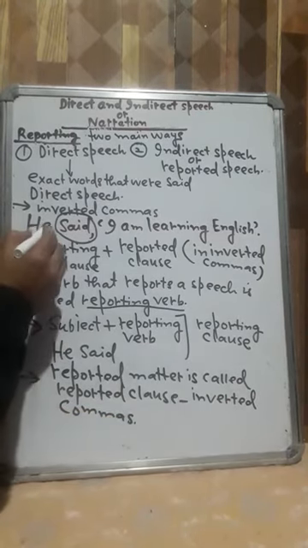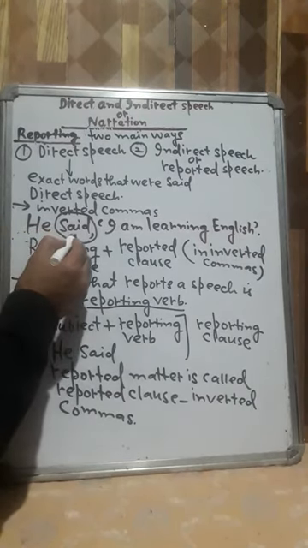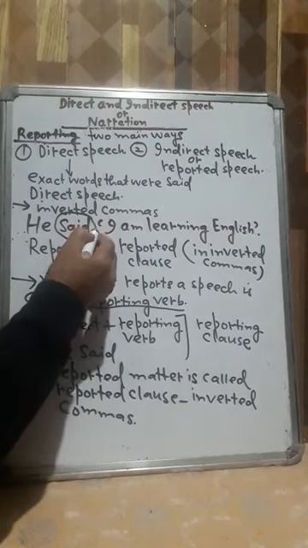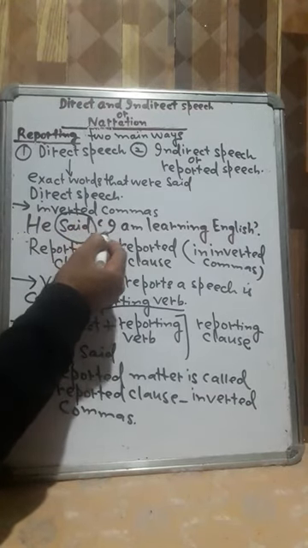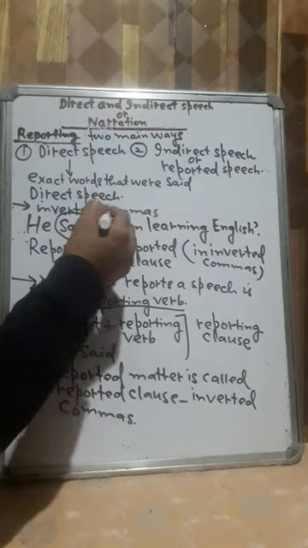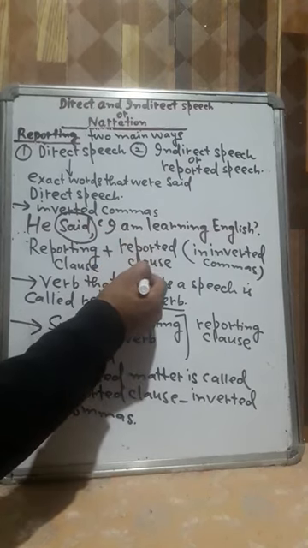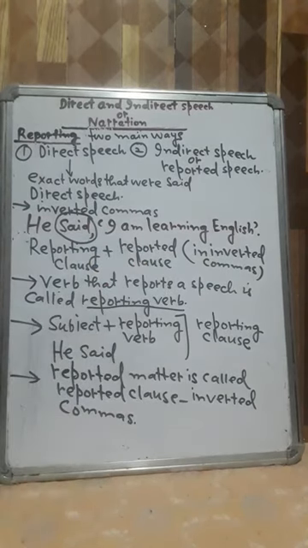Now here in the example, he said, this is reporting clause, subject, reporting verb, and here the exact words of the speaker are in inverted commas, and this is the reported matter, or we can say this is reported clause in inverted commas.